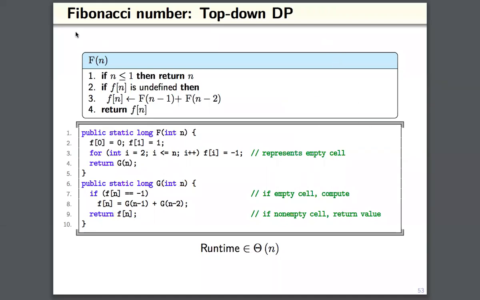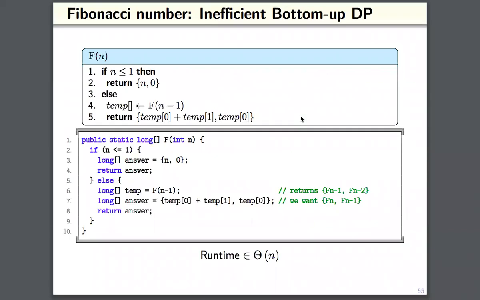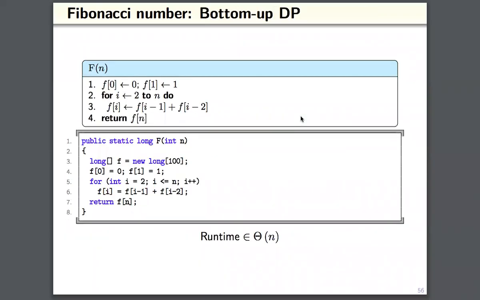Okay, but what about bottom-up? It's exactly n, right? N plus maybe a constant, for i and for storing n and all. So it's n plus some constant space. Done. That's one thing.